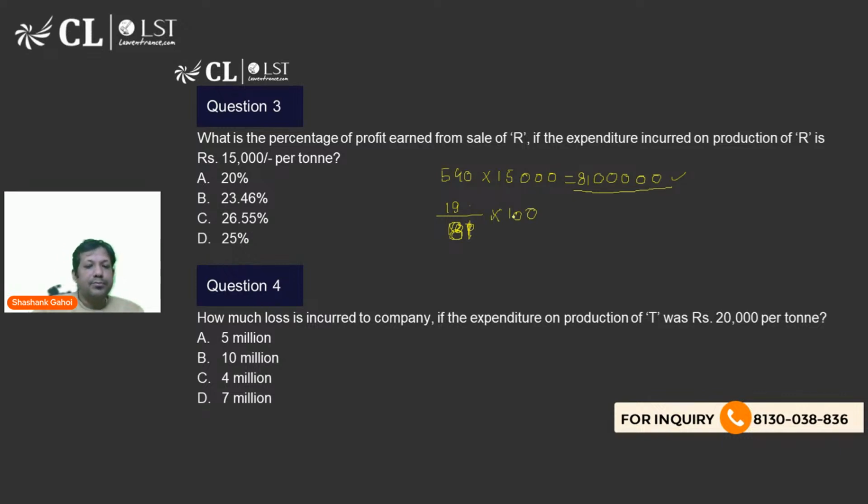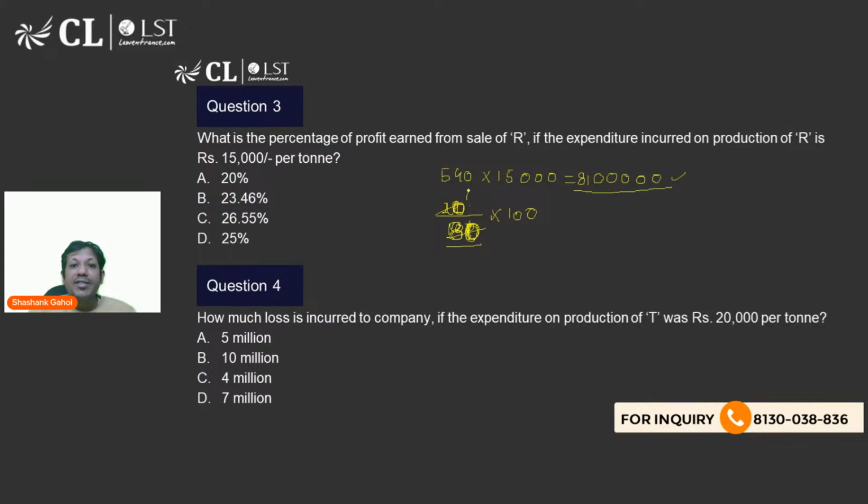Into 100. Right. So basically, I'm going to assume this value as 80 itself, instead of assuming this value as 100. If I assume this value as 80, and consider my numerator as 20, I can say this value is 25%.